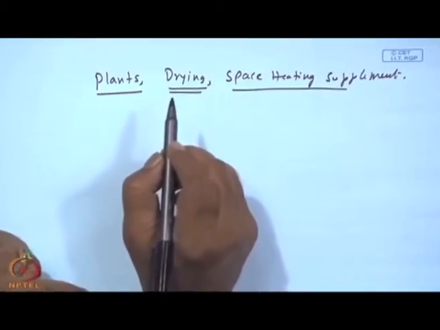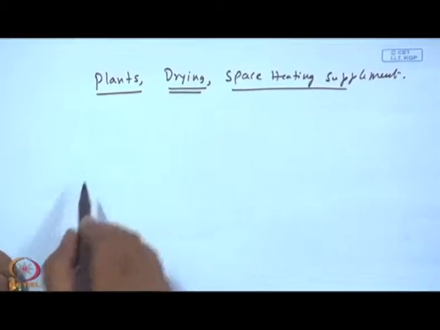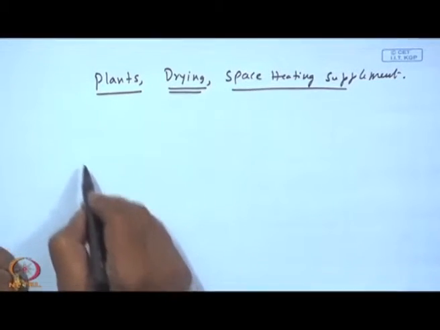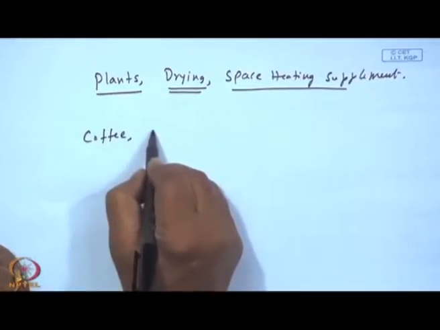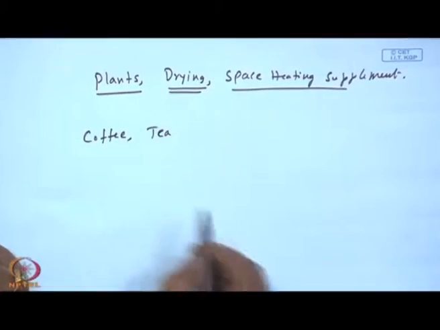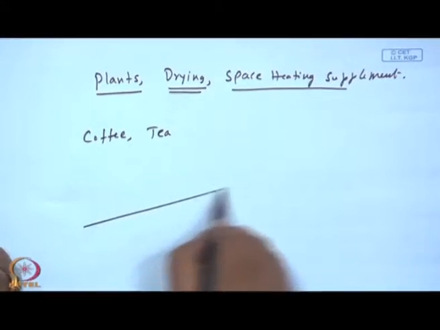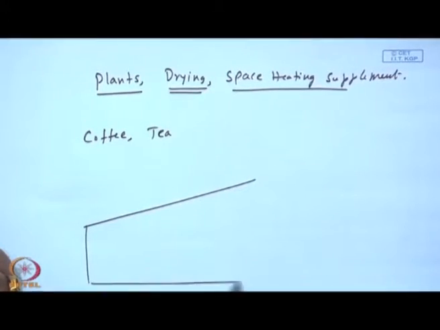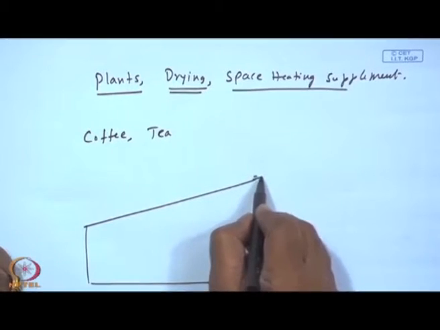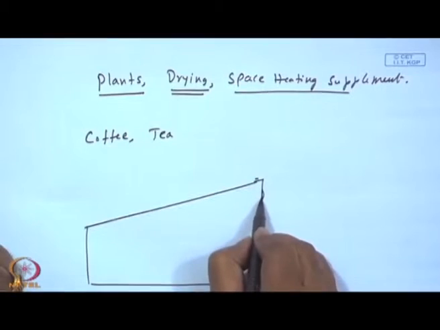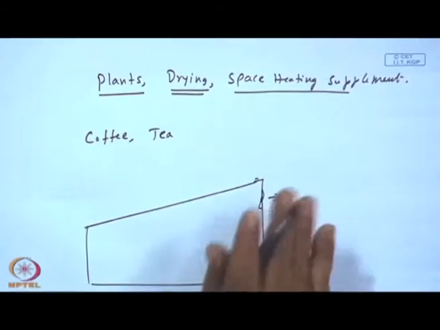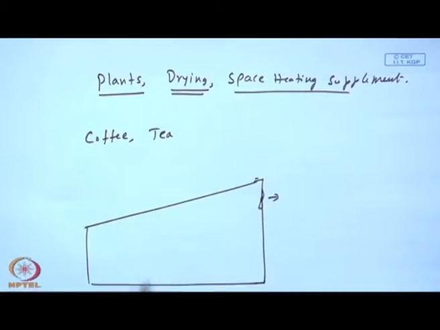What about this drying? In case you have, like coffee, for example, or even tea, if you have a greenhouse, and of course we shall use the fan to remove the hotter humid air, and there will be a layer of Arabica or Robusta coffee.